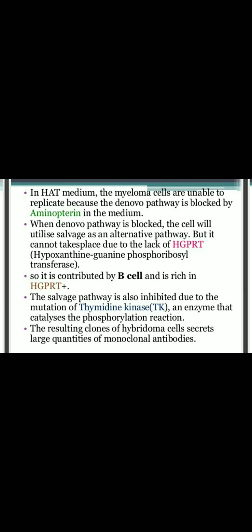That's why we have to contribute the B cell, because the B cell is rich in HGPRT. The salvage pathway is also inhibited due to mutation of thymidine kinase, an enzyme that catalyzes the phosphorylation reaction. The resulting clone of hybridoma cells secretes a large quantity of monoclonal antibody.